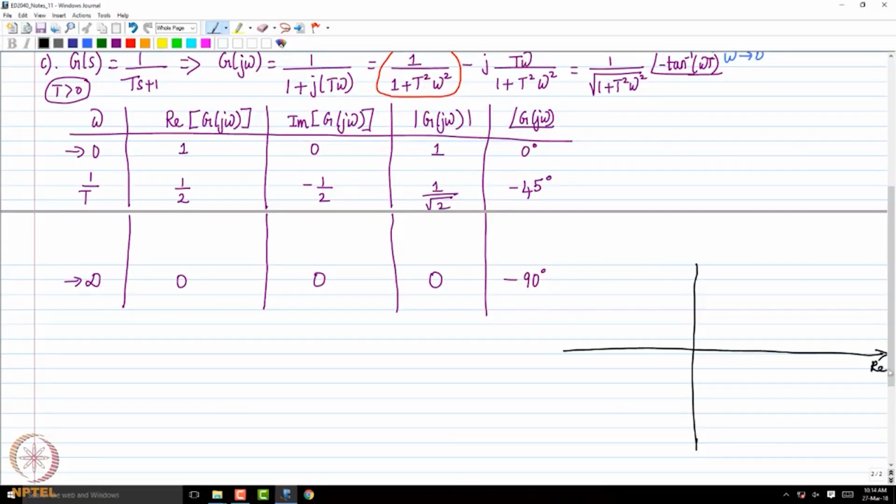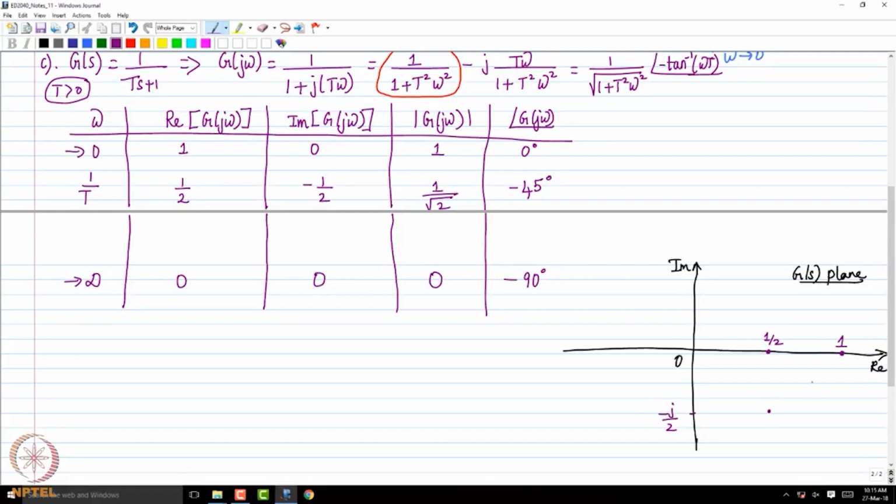So, I have the real axis, the imaginary axis. This is the G of S plane, and we want to plot the Nyquist plot. Now, I know that there are certain critical points. 1 is one critical point, 1 by 2 is one critical point, because at frequency 1 by capital T we have the real part as 1 by 2 and the imaginary part as minus j by 2.